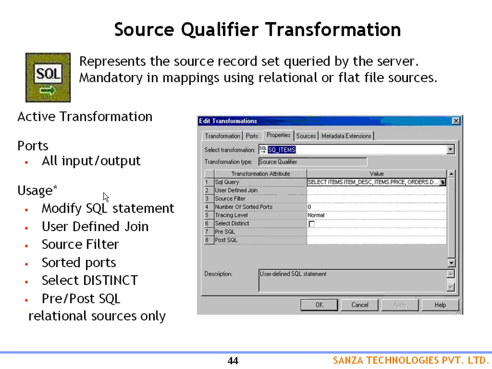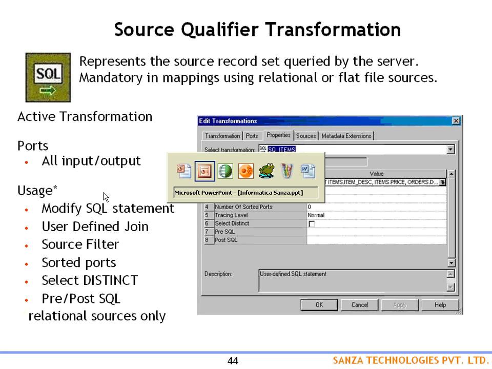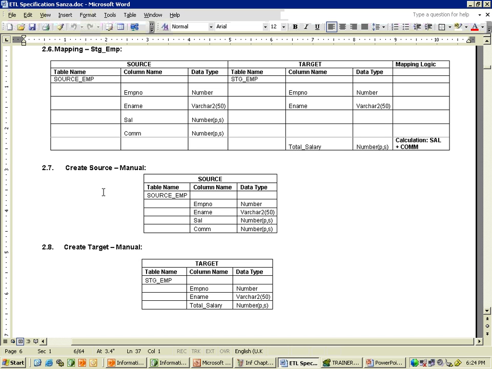So the first transformation we are going to discuss now is source qualifier transformation. As per our ETL specification document, we need to get the data from the source EMP table and transform the salary plus commission and load the data into STG_EMP table.